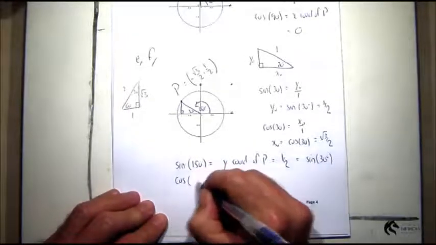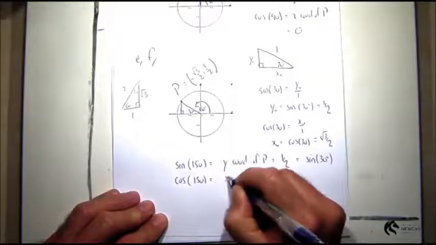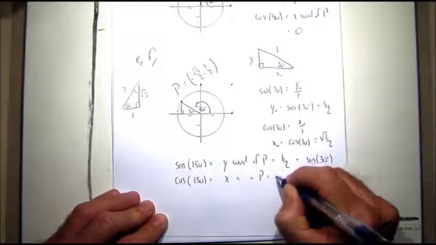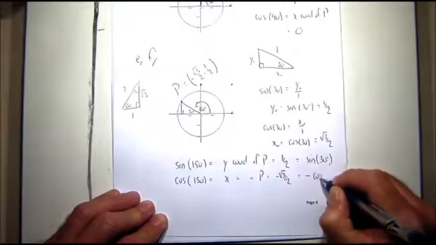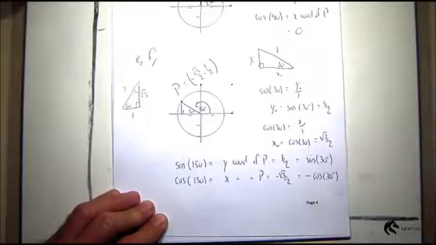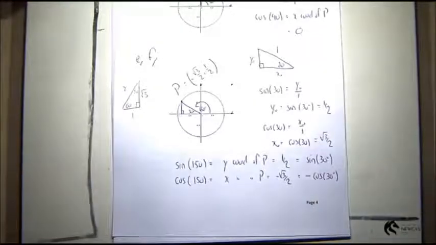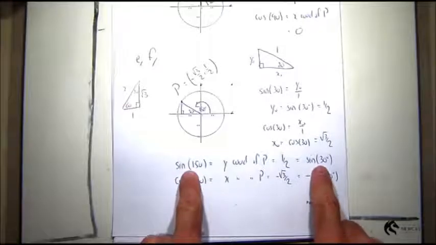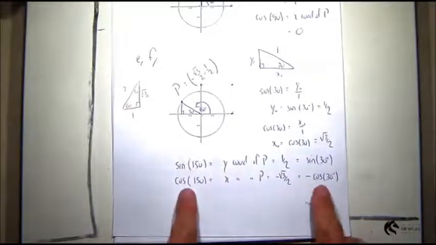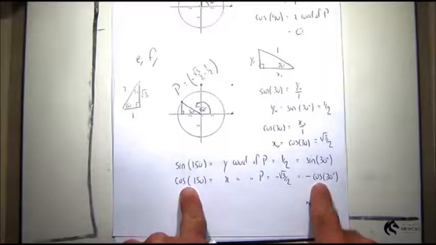Likewise, the cos of 150 is the x-coordinate of P, which is minus the square root of 3 on 2, which is the minus of the cos of 30 degrees. Let's just try and make some sense of this picture here. It says sine 150 is the same as the sine of 30. The cos of 150 is the negative of the cos of 30.